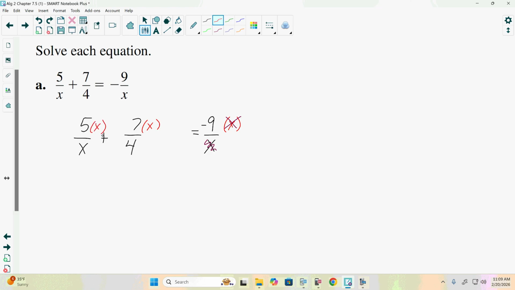But that means I also have to multiply everything else in that equation by x. Up to this point, it seems like we just multiplied both sides. We're just multiplying everything. So since we multiplied the negative 9 over x by x, we also have to multiply 7/4 by x and 5 over x by x.